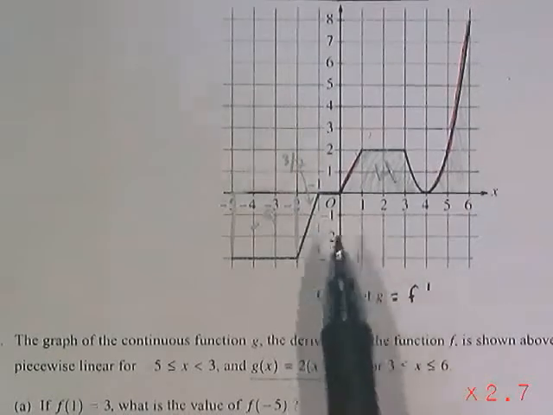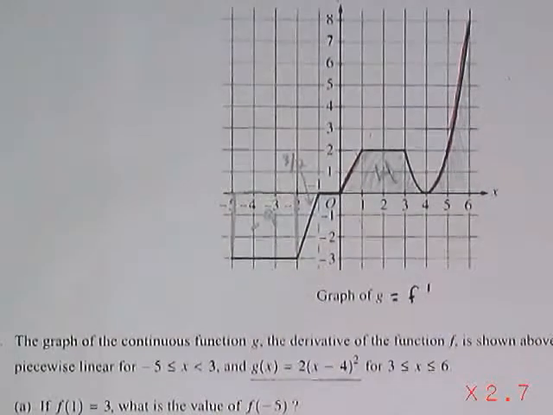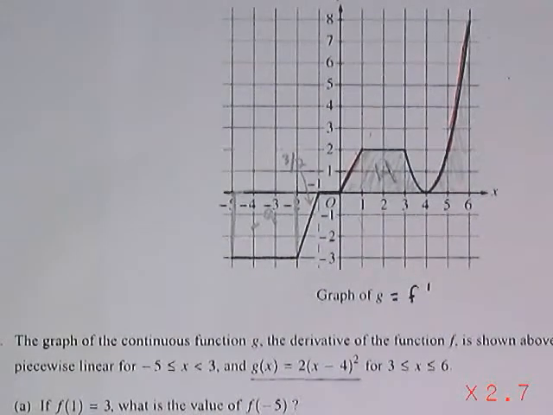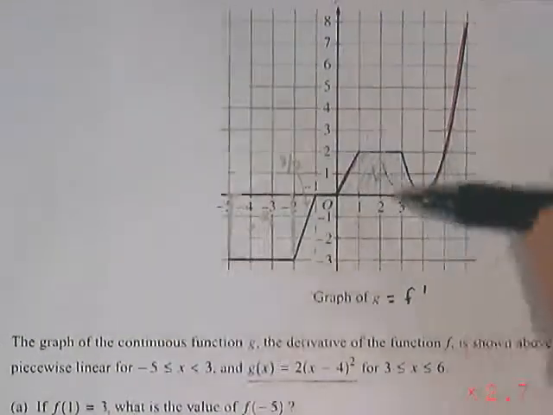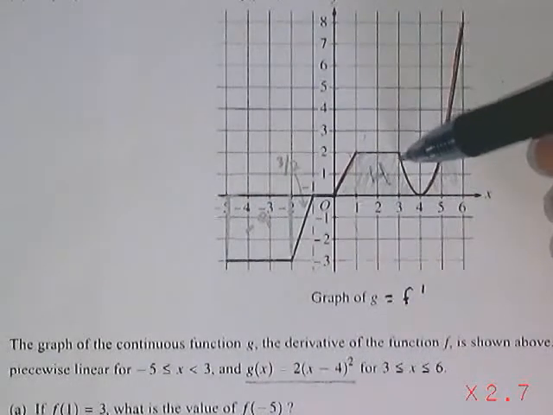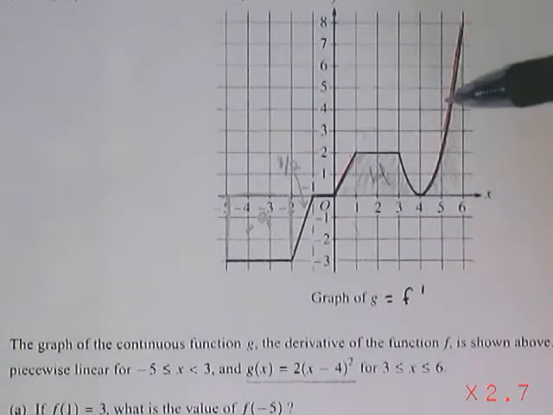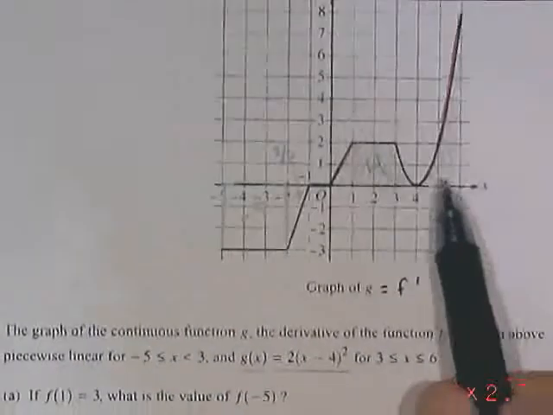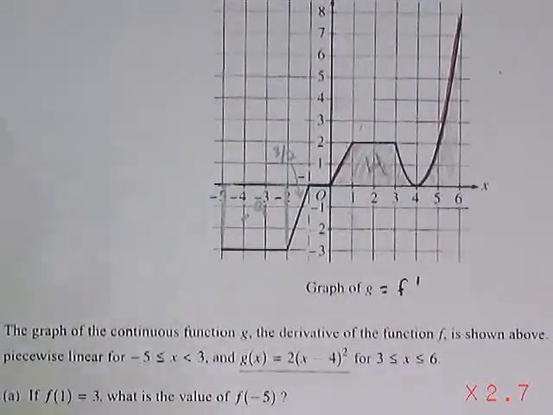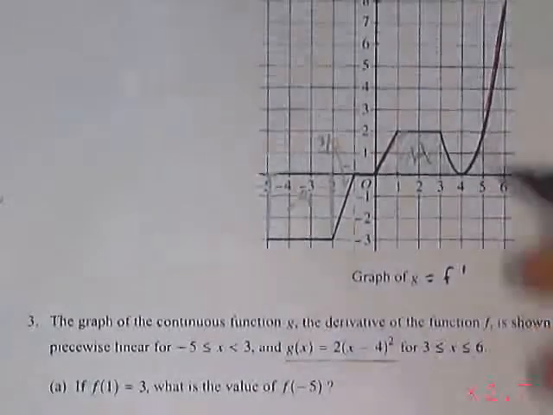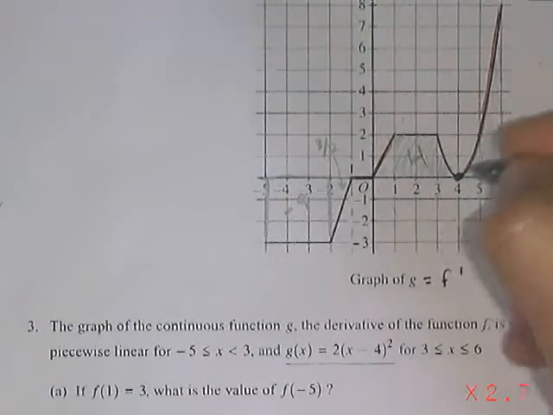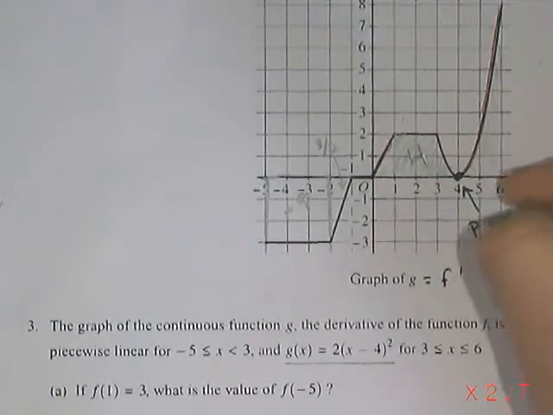Okay, so the only point on this graph where we see a true change from increasing to decreasing, or in our case from decreasing to increasing, is at 4. We can clearly see the derivative is decreasing and then it's increasing. No other point shown here has that change. Okay, so this is our point of inflection.